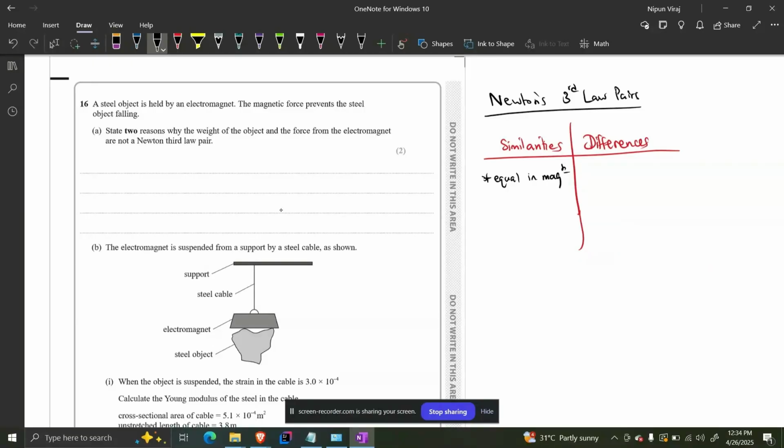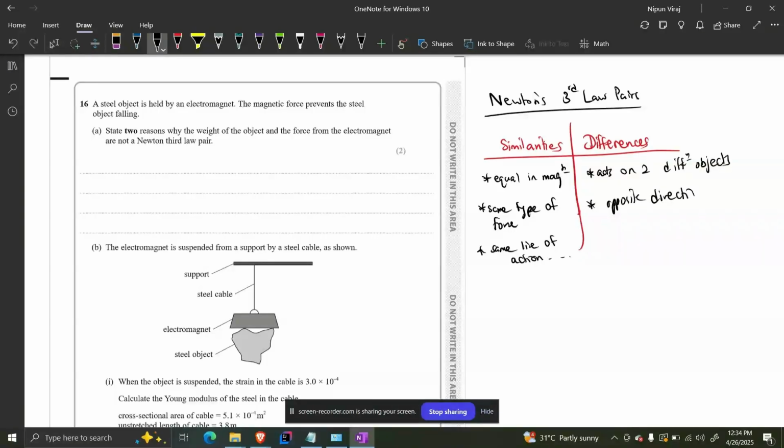Another similarity is same type of force. That is a very important similarity. Another similarity is same line of action. Okay. Differences: acts on two different objects, and opposite in direction.